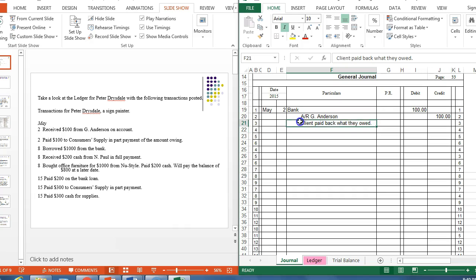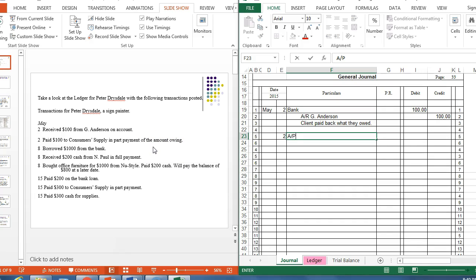And I apologize, my template's not working. That shouldn't be indented. So now I skip a line, and all I do here is I write May 2nd again. And now it says here, paid $100 to Consumer Supply in part payment of the amount owing. So that must be an accounts payable.